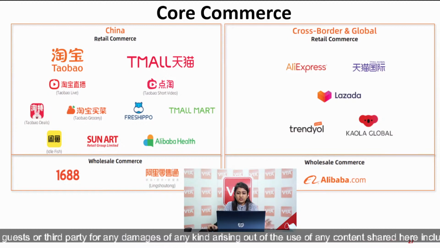So, under China retail commerce, first we have Taobao Marketplace, which is a consumer-to-consumer platform, and it allows small businesses and individuals to sell their products on the platform. It has no transaction fees for its merchants. The merchants only have to pay for advertising and marketing to stand out from all the listings which are searched on their website. The next is Tmall.